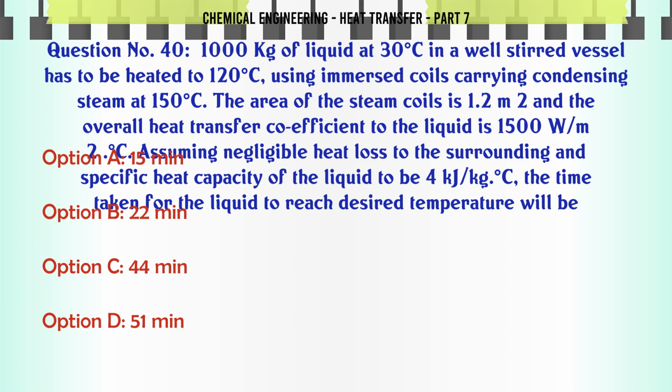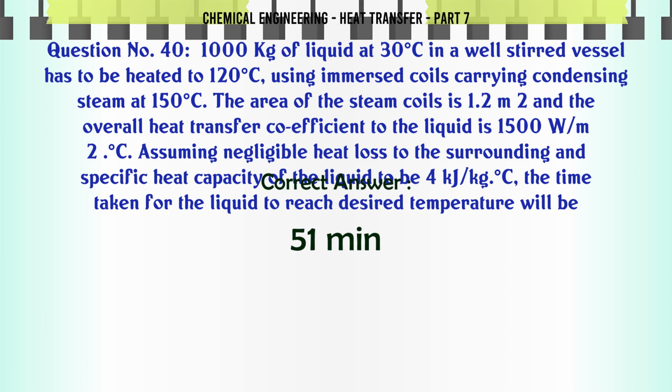Assuming negligible heat loss to the surrounding and specific heat capacity of the liquid to be 4 kJ/kg·°C, the time taken for the liquid to reach desired temperature will be: A. 15 min, B. 22 min, C. 44 min, D. 51 min. The correct answer is 51 min.